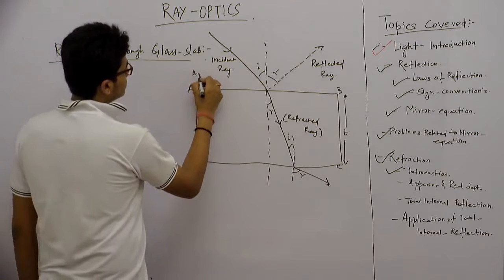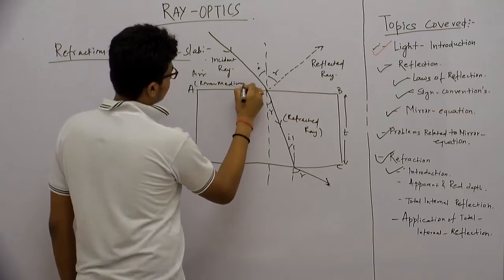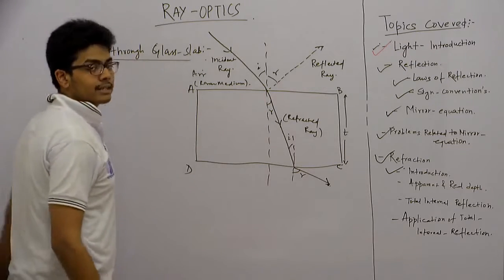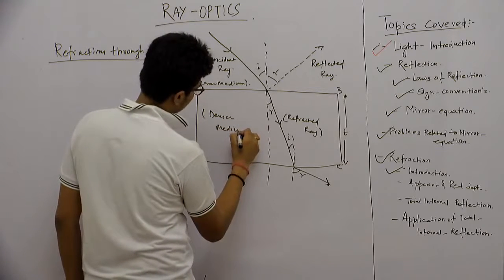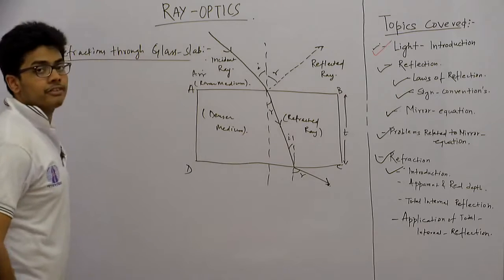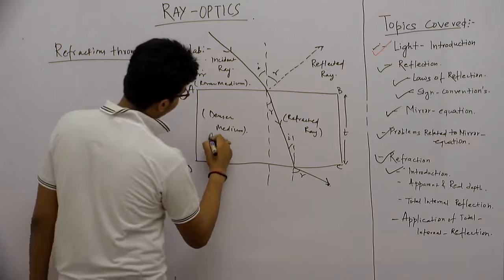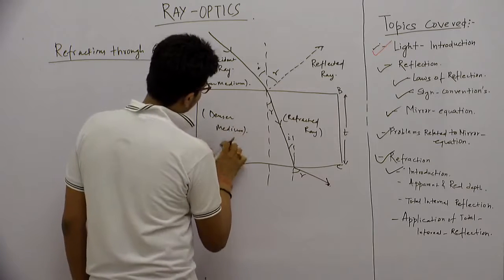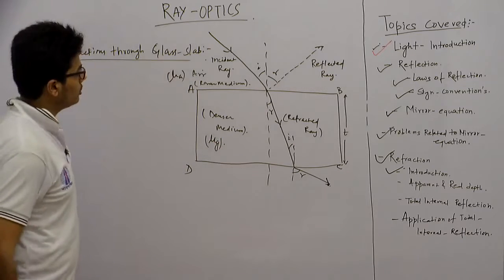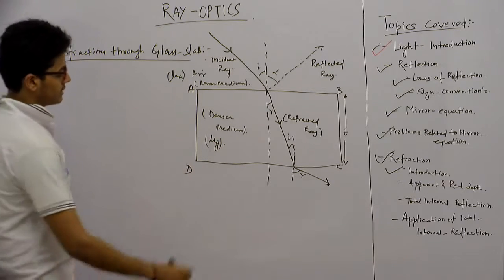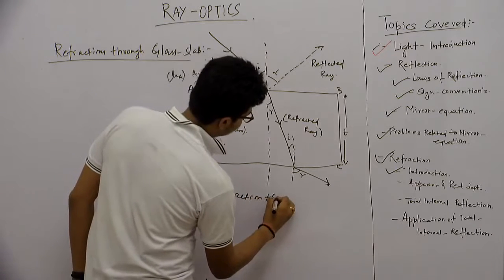The air is considered as the rarer medium, and inside the glass slab it is considered as the denser medium. The refractive index of air is denoted as mu of A, and the refractive index of glass slab is denoted as mu of G. So here is the refraction through a glass slab.